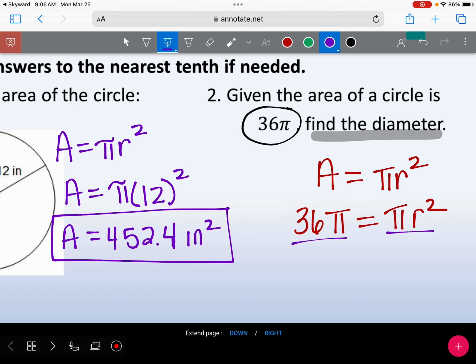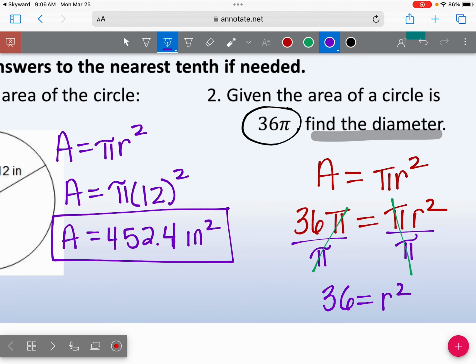So we're going to start by dividing both sides by pi. So if you take in your calculator 36 pi divided by pi, you're going to just get 36. 36 equals r squared.